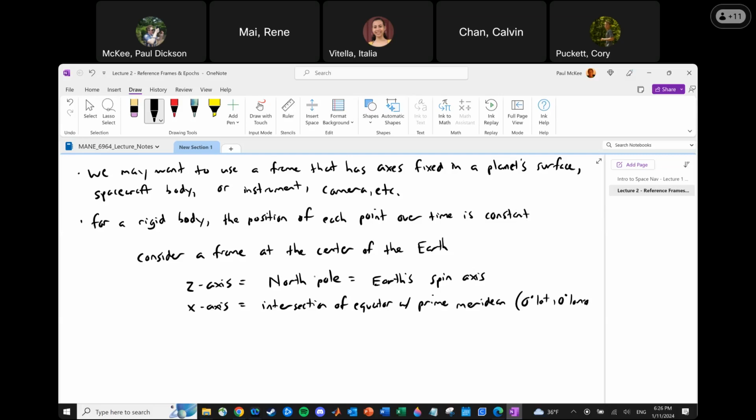I think I'm just going to do LON instead of LONG. So that was exactly what we were talking about before, right? You kind of just need to pick a direction for X. It can be somewhat arbitrary. We're going to pick this and then move forward. 0 degrees lat, 0 degrees long seems perfectly reasonable for our x-axis, and then the y-axis completes the right-handed system.